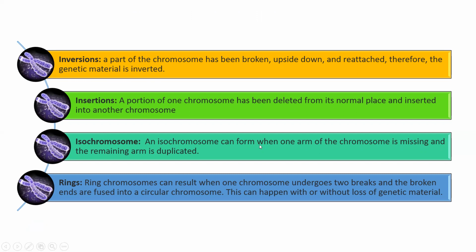An isochromosome can form when one arm of the chromosome is missing and the remaining arm is duplicated. And last is the rings. Ring chromosomes can result when one chromosome undergoes two breaks and the broken ends fuse into a circular chromosome to form a ring. This can happen with or without loss of genetic material. So these are the various types of structural aberration.